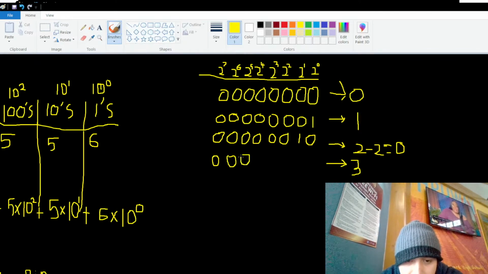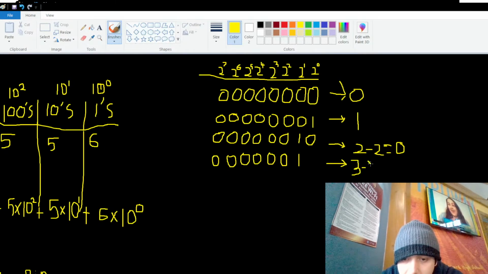Probably not. 2 to the 3, that's 8. Probably not. 2 to the 4, it's starting to get close. Does 4 go into 3? Still no. We're getting close though. Okay, does 2 go into 3? It does. So now you've used up a 2.